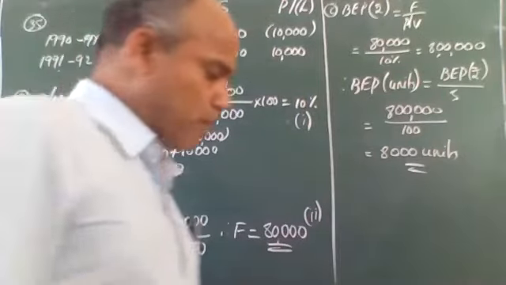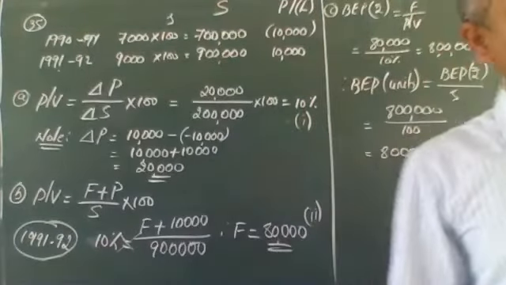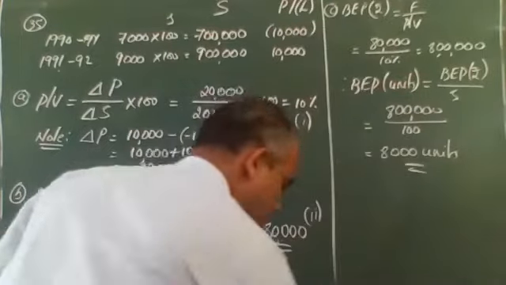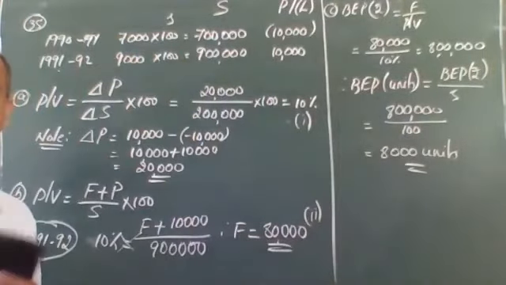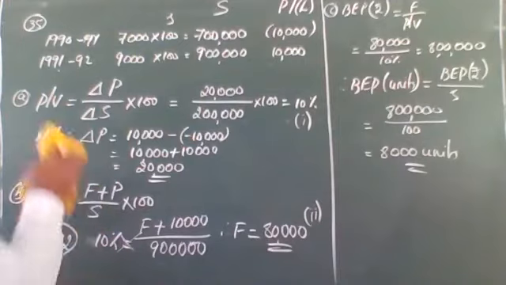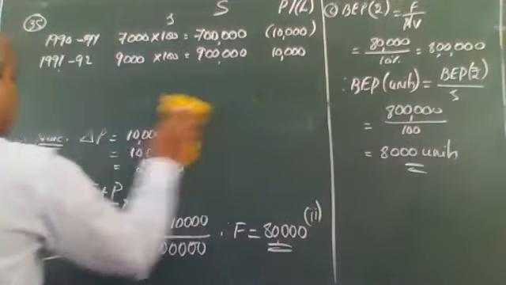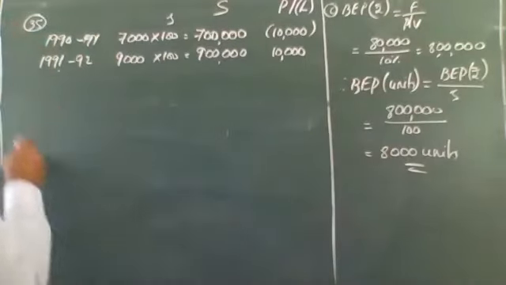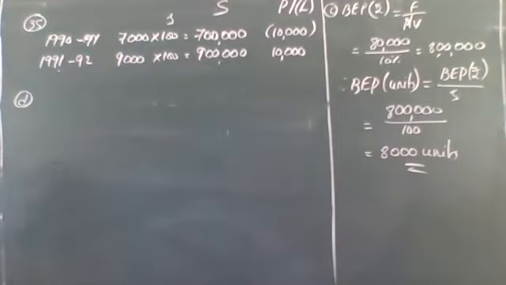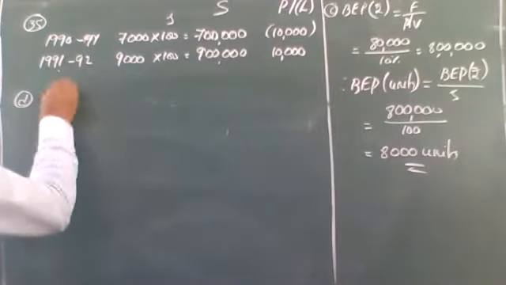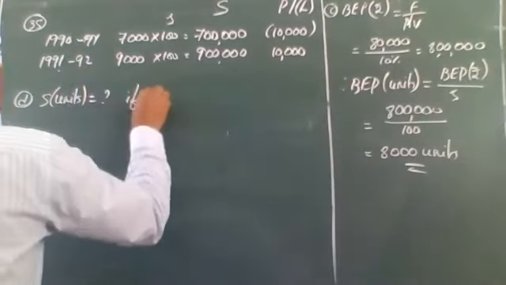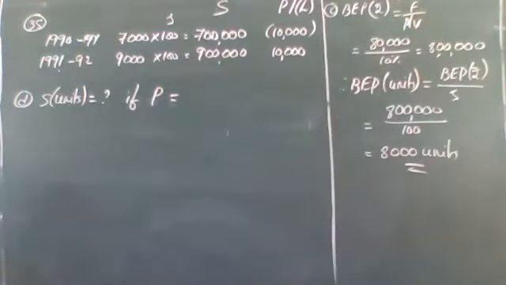And then the fourth part of the question says number of units to be sold to earn a profit of 40,000. Again, I will ask you to do the same thing. First we'll try to find out the rupees and then we will convert it into units. So the fourth bit of the question: number of units to be sold if the profit I want is 40,000.